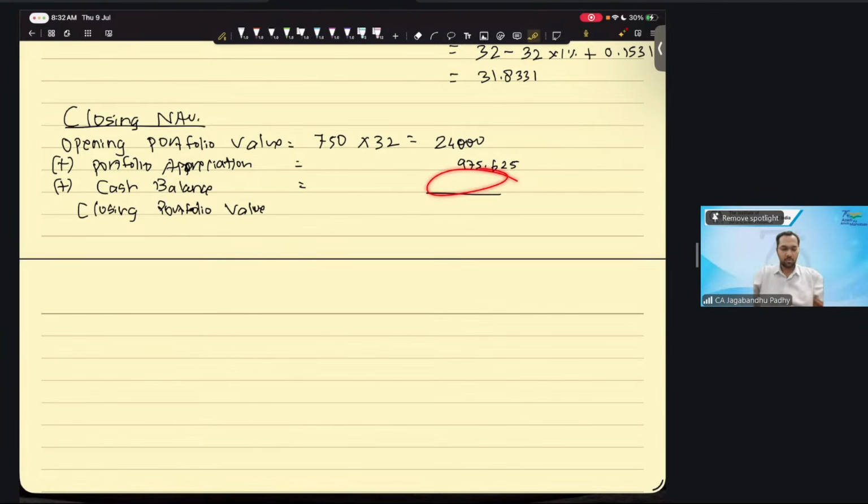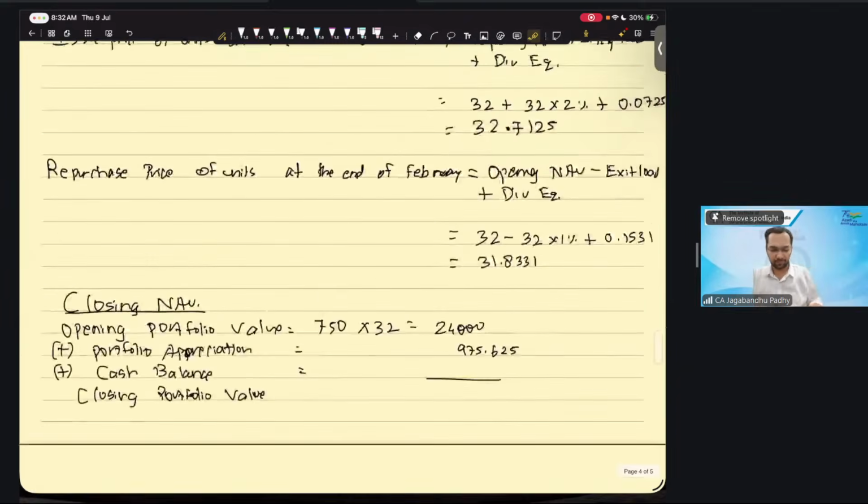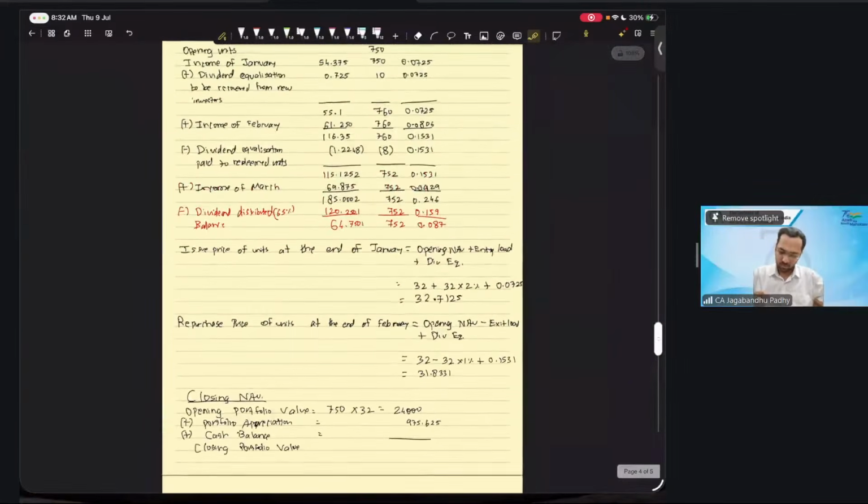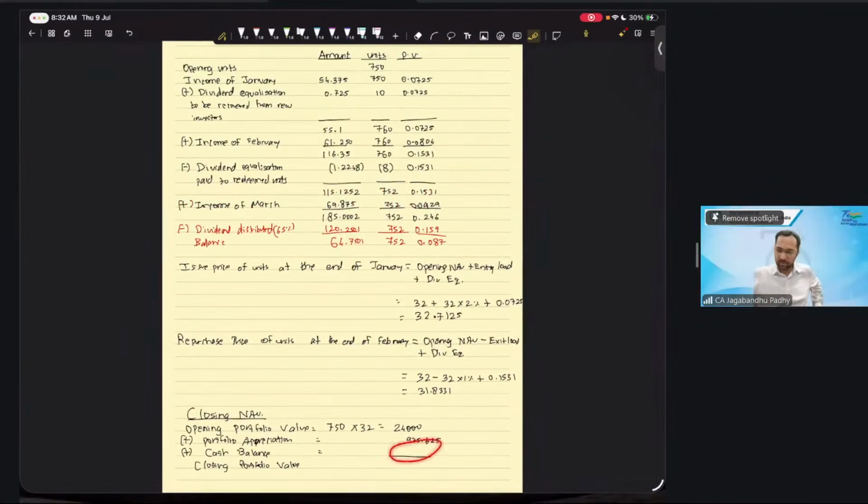Okay, try to compute the cash balance, guys. Compute the cash balance which is left out with us. Compute the cash balance which you have at the end. Try to calculate the cash balance.